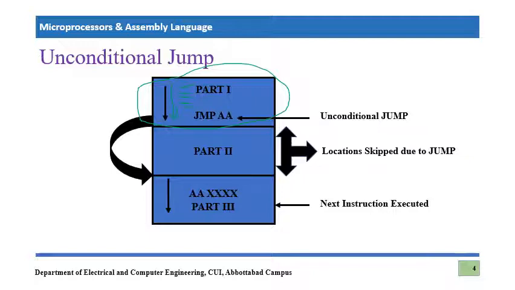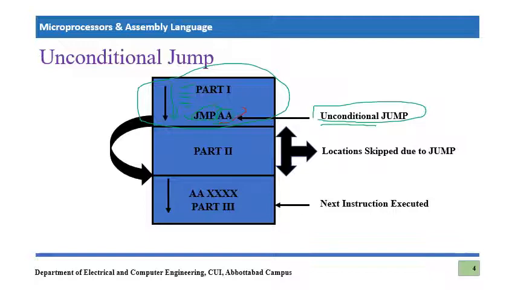Suddenly we encounter the instruction JMP AA. AA is the argument, and we're going to learn about it. What we are interested in here is that it is a jump instruction, an unconditional jump, and there will be no excuse. Wherever it sends us, we have to go.